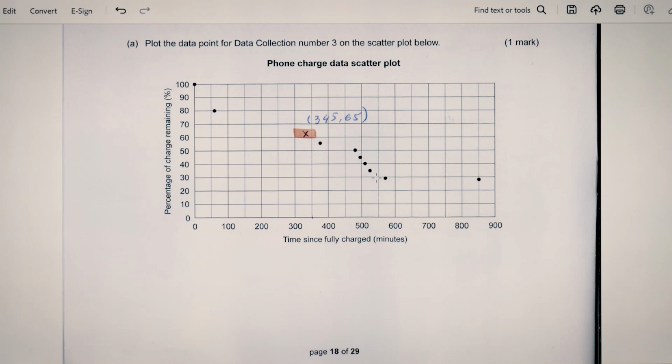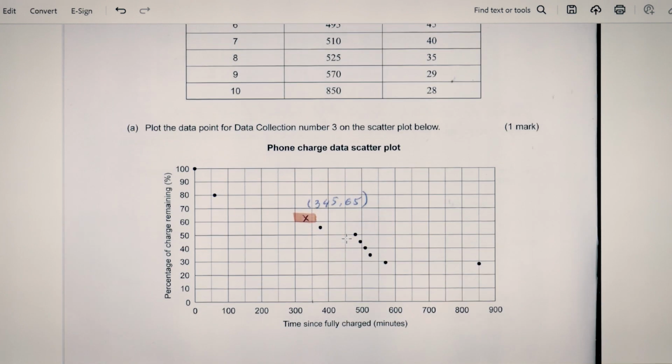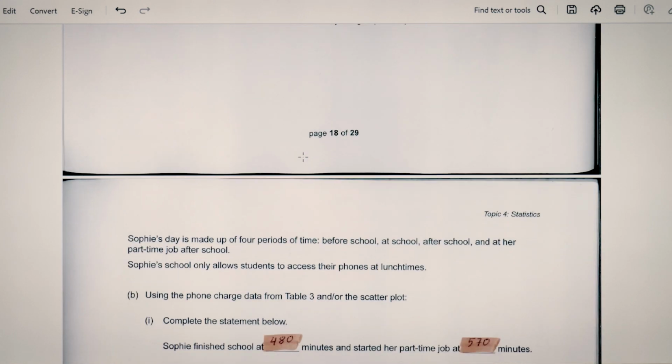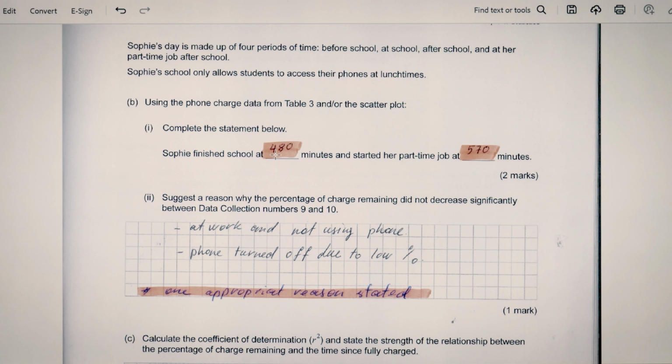During school, students can't use a phone, and by this data, probably the student went to the bathroom and used a phone there. We don't know yet. But then after school, they went on the phone straight away, messaging, answering, calling, all that. That can be seen from the graph and also from the table. The numbers we are looking for are between 480 minutes after full recharge and 570, and 2 marks for each of these numbers.